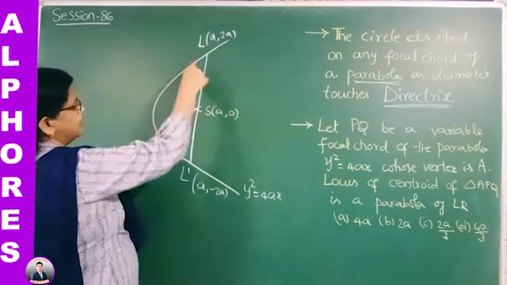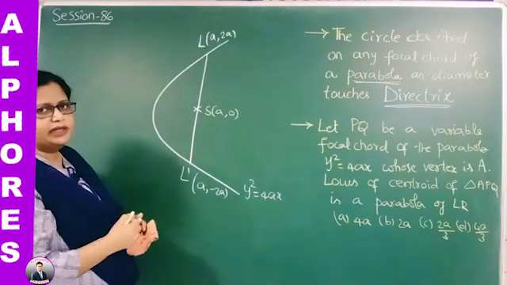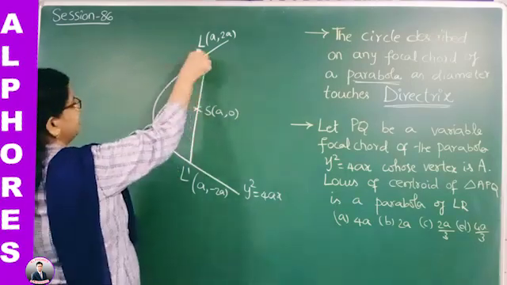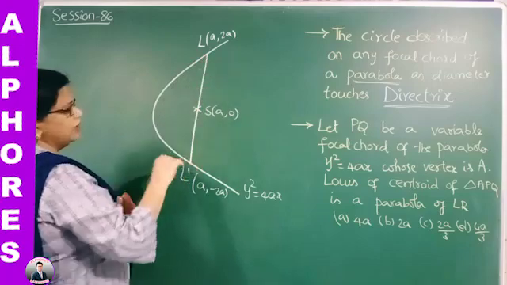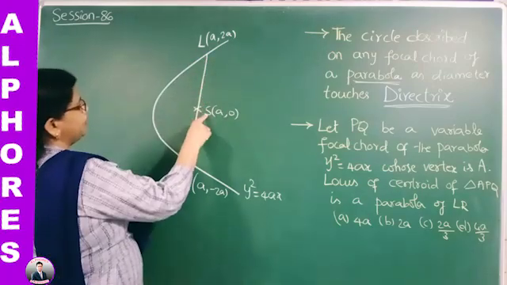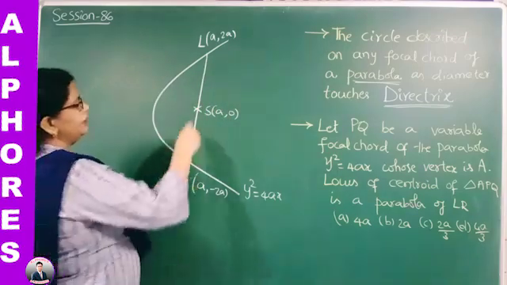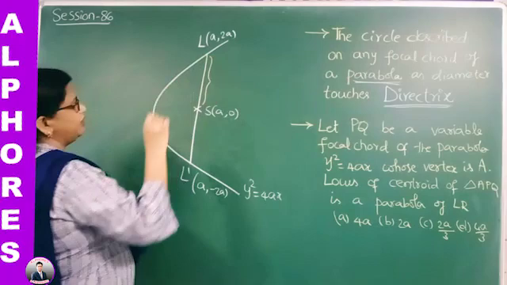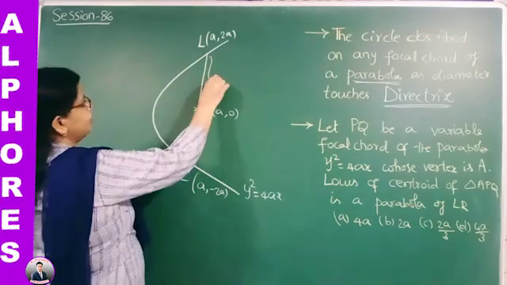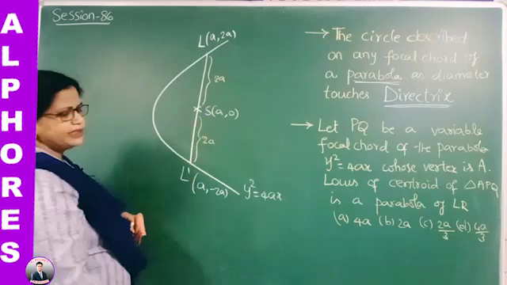Now the middle point is the focus, which is the center of the circle when you consider the latus rectum as diameter. As this is the center and LL' is the diameter, this is the radius. So 2a is the radius, and you observe 2a is the radius on this side also.